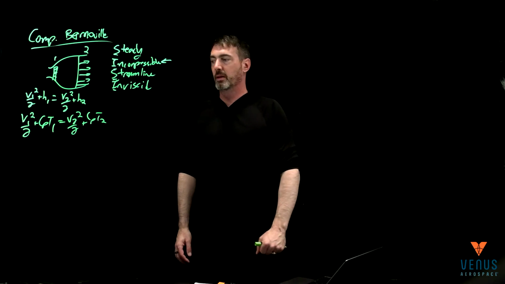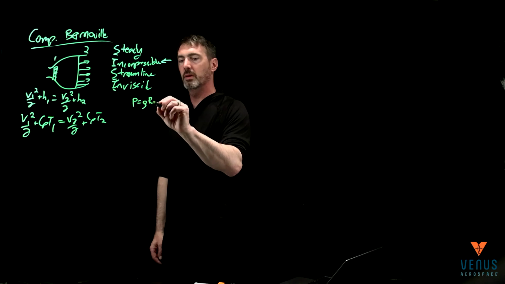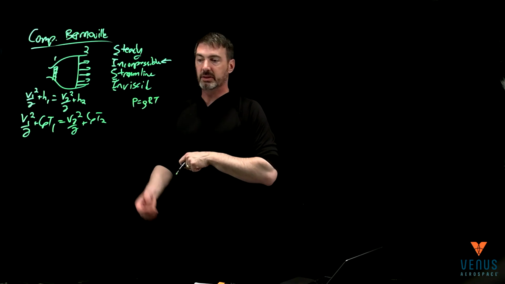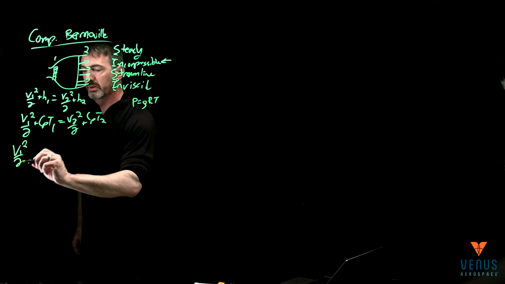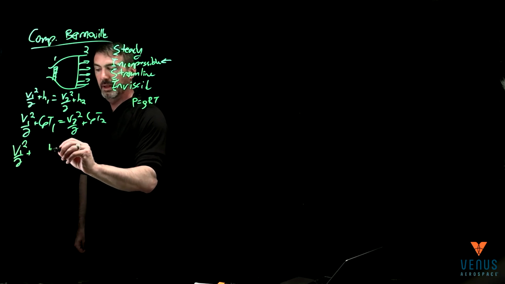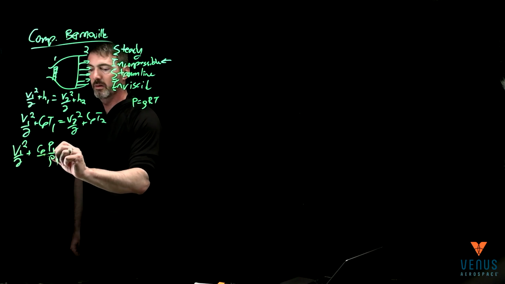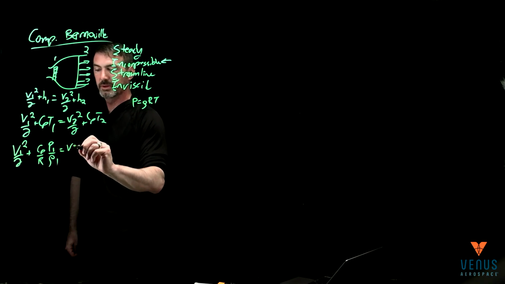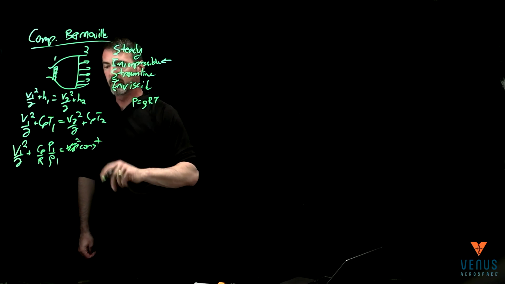So remember that P is equal to rho R T, and so that T is just P over rho R. So we then have V1 squared over 2 plus P1 over rho 1, but we picked up a c_p over R. I'm just going to start saying constant, save me some rewriting.